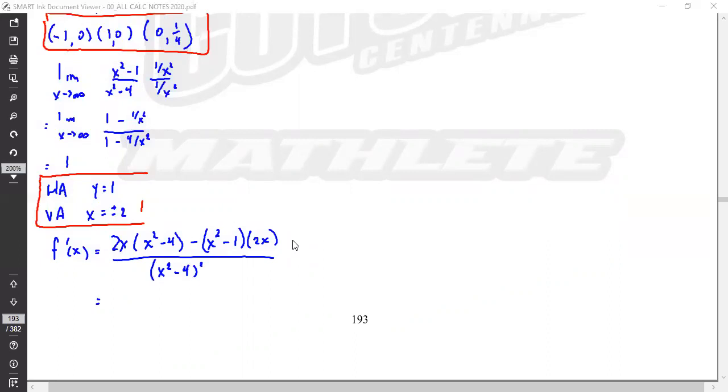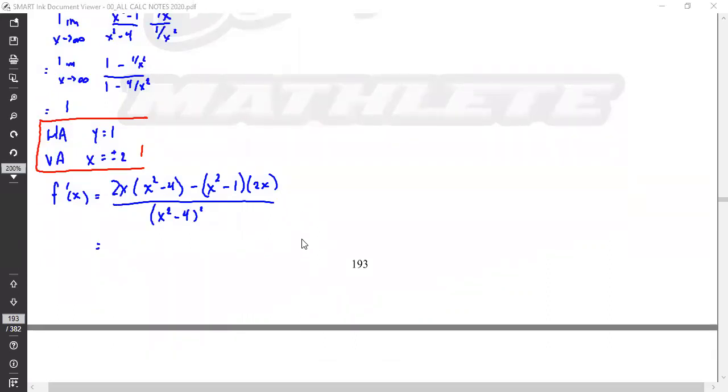All right, let's see how this tidies up. 2x times x squared minus 2x times x squared, that's all just going to subtract away. What we're going to be left with in our numerator, we should end up with negative 8x minus negative 2x, which gives us negative 6x.